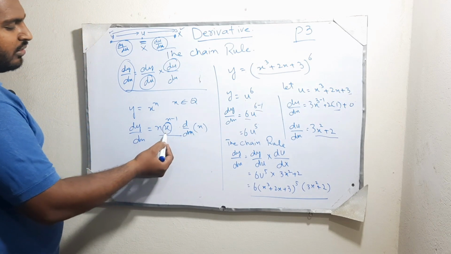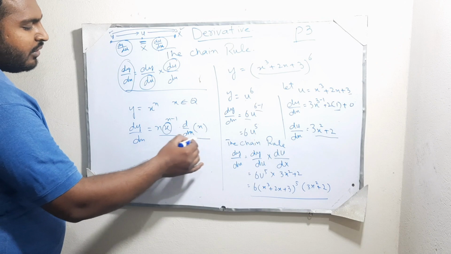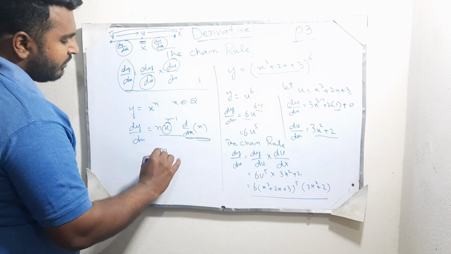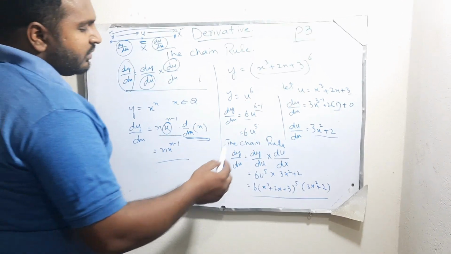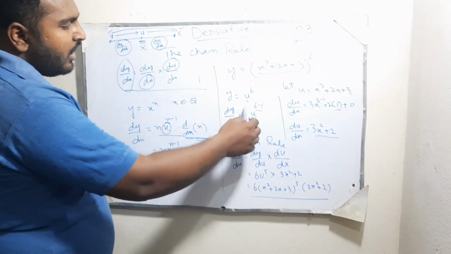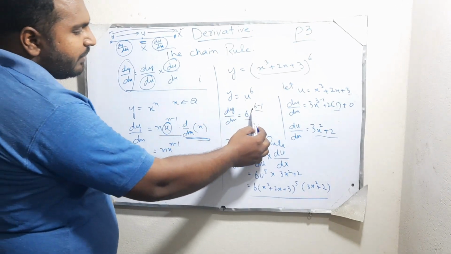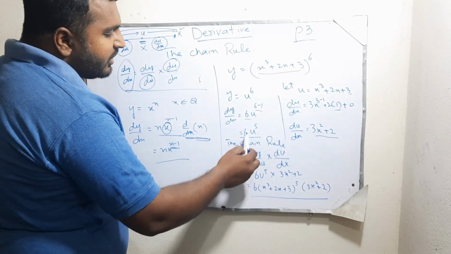But here only x is present, the derivative of x is already 1 here, therefore we don't require this expression here. It would become n x power n minus 1. The same method I am applying here. This power multiplies like n, and from the power 1 is subtracted like this. This would become 6u power 5.